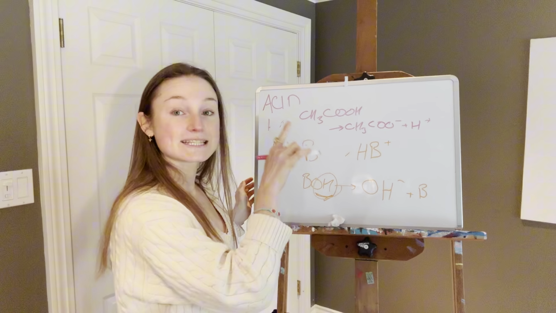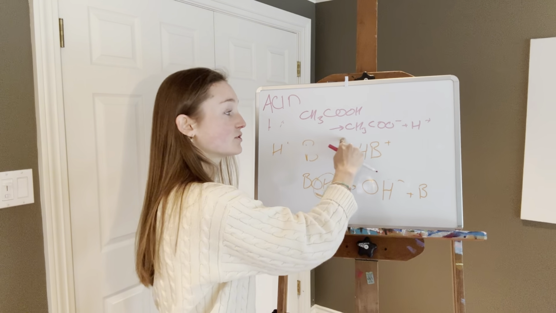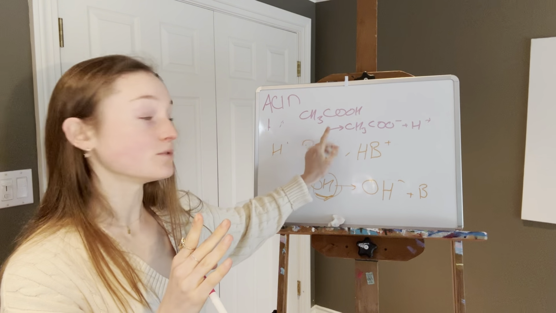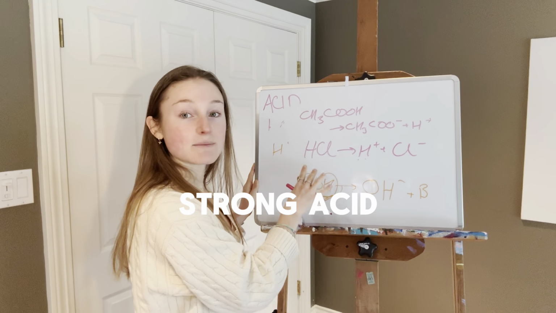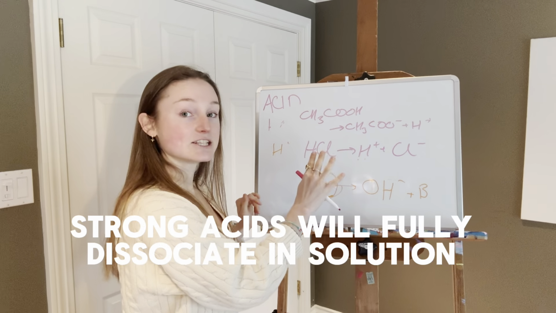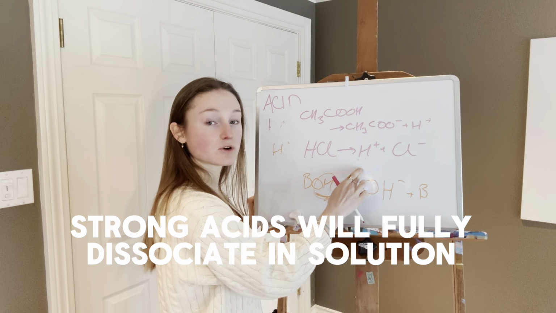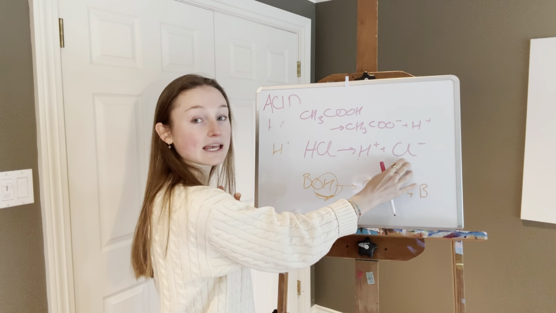When you put acetic acid in solution, it does its acid dissociation reaction, but not to completion. It doesn't do this 100%. A strong acid, something like hydrochloric acid, in solution will fully dissociate and release its free proton into solution, and then you'll also just have the chlorine ion hanging out in there as well.